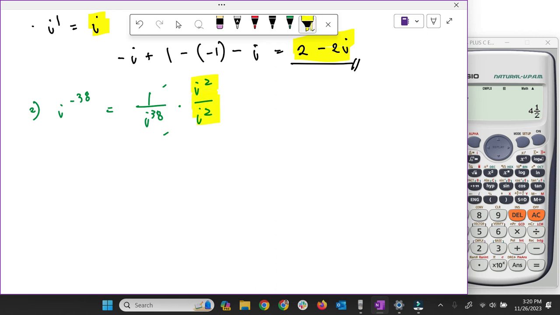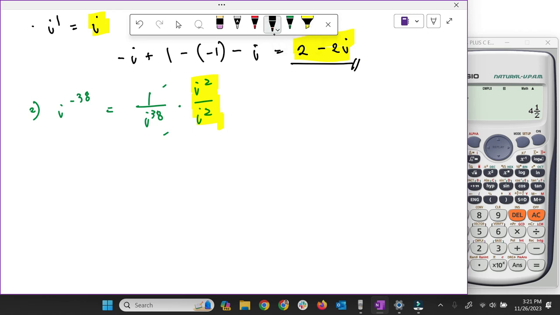Kasi, di ba, this term here ay technically equal to 1. So, parang ang nangyari, 1 all over i raised to 38, multiplied to 1. So, parang wala talaga nangyari. Di ba? Pero technically, may nangyari talaga. So, sa madaling salita, kung ano yung ginawa mo sa isa, yun din yung gagawin mo dun sa kapartner niya.